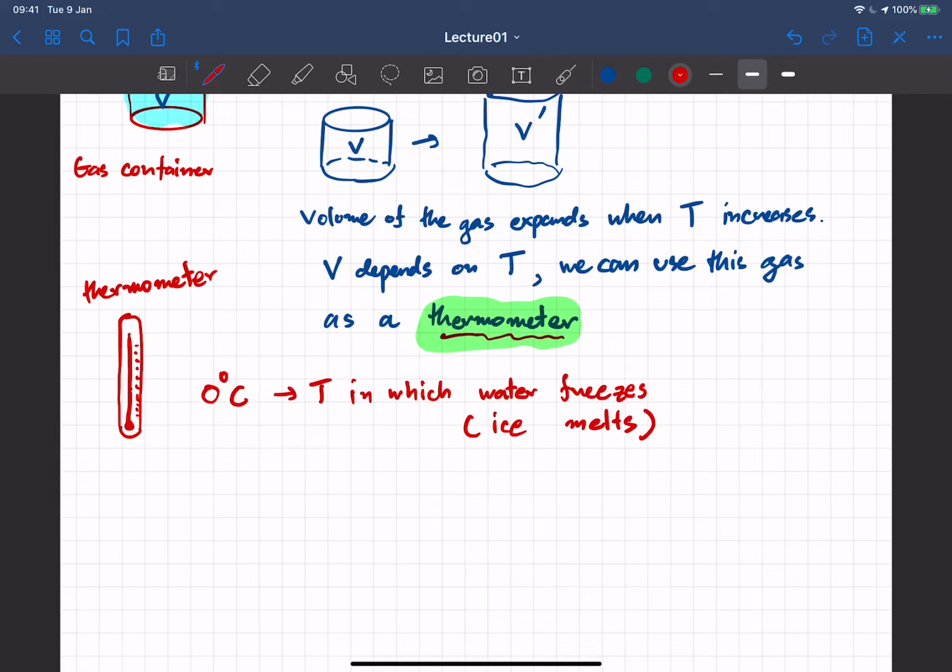And water is one of the most ubiquitous matter, so that kind of makes sense. And then 100 degrees Celsius is defined to be T at which water boils, or vapor condenses.